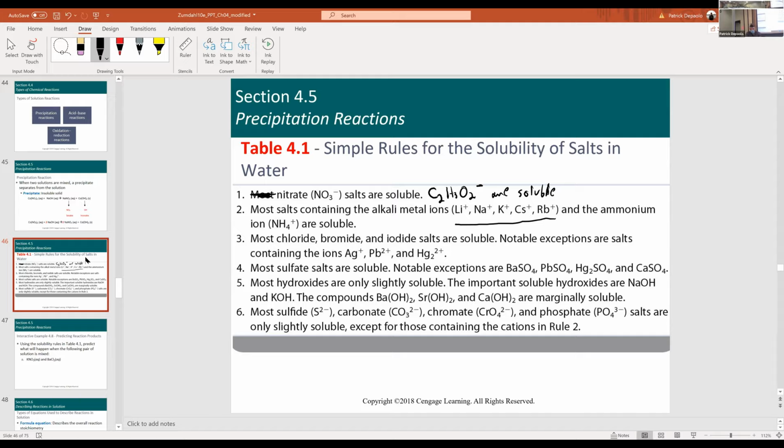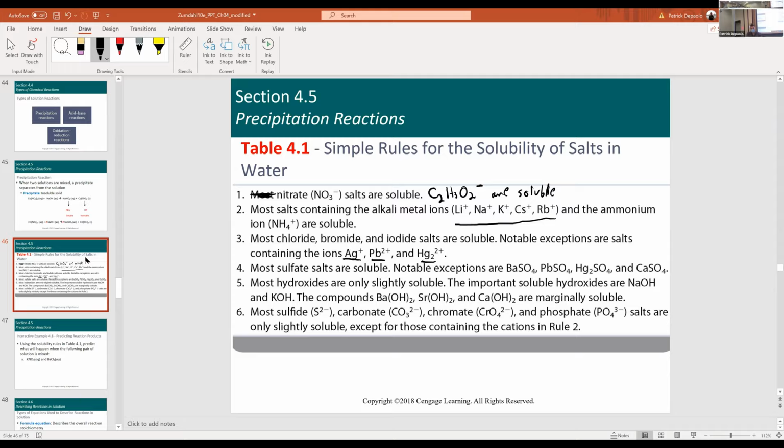Now, here's the insoluble. The most important thing about insolubility are these three elements: silver, lead, and mercury. So a lot of ionic compounds, unless they have nitrate and acetate, if you have silver, lead, or mercury, chances are it's going to be insoluble.